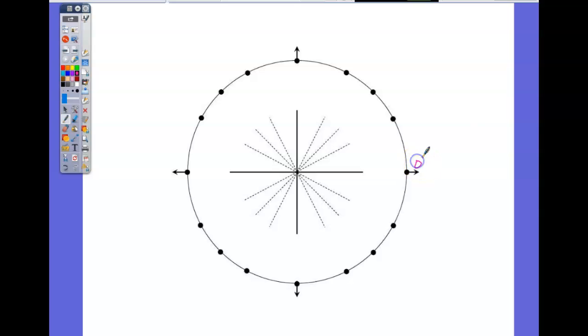I get 0. This is pi. This is 2 pi. Half of pi is pi over 2. There's 3 quadrants to get here. This is 3 pi over 2. And then from there, 2, 3, 4, 6.